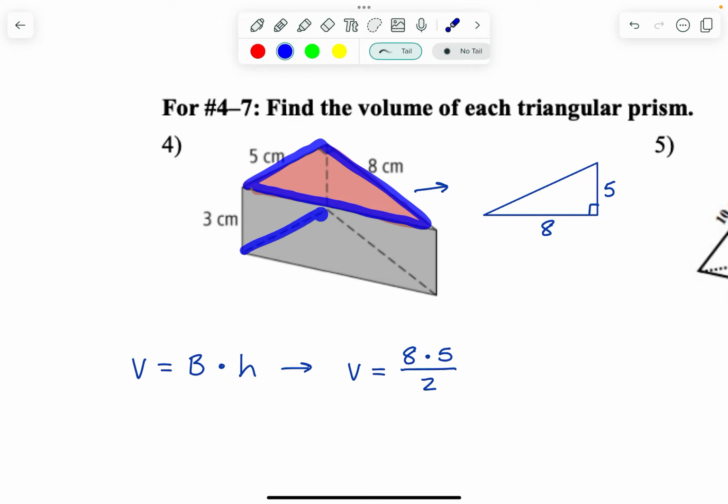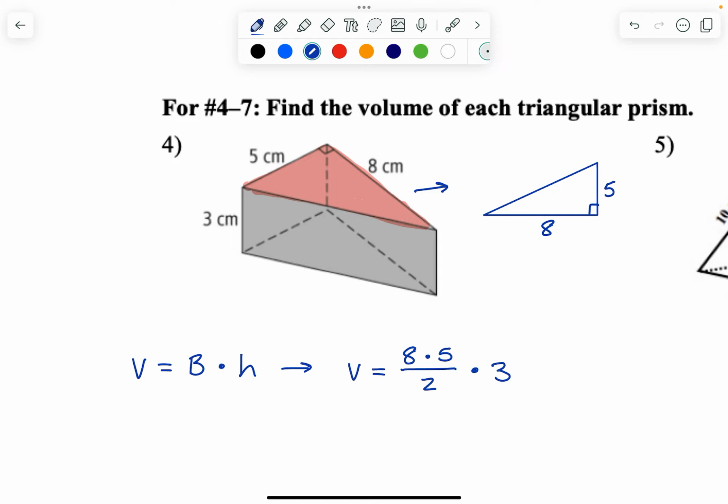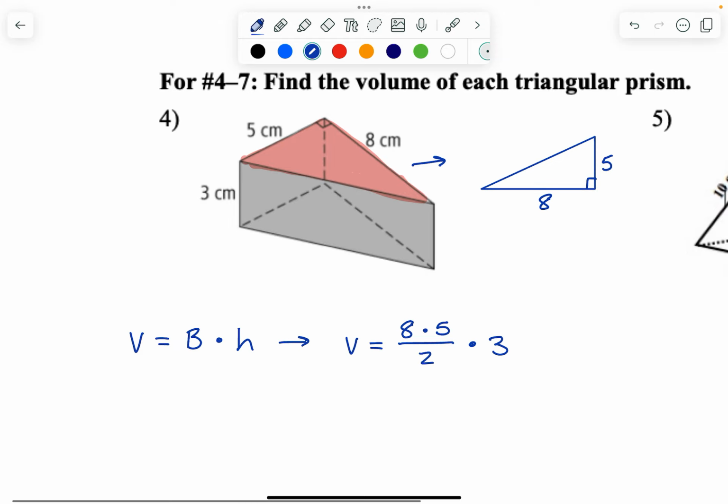We have our other base down there. Three-dimensional figure. What's the distance between those? 3. 3 is our height. Multiply by 3. Volume is equal to 8 times 5 divided by 2 times 3, 60 centimeters cubed.